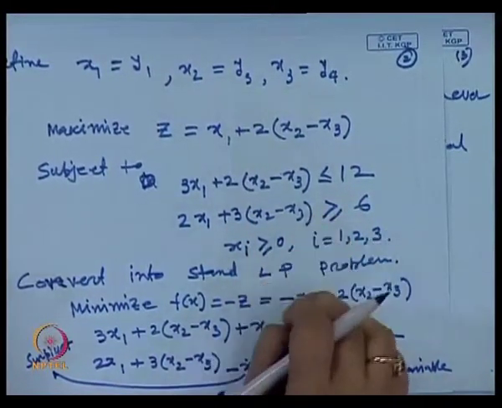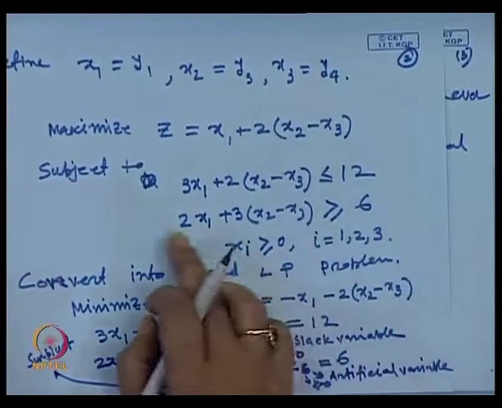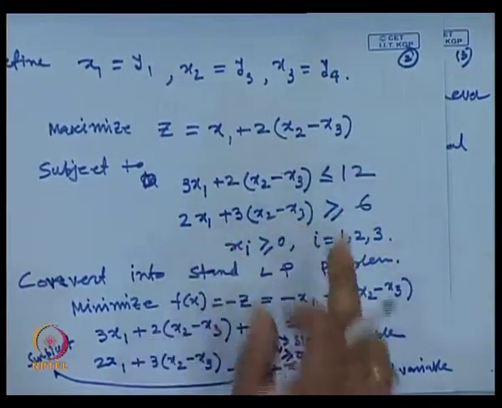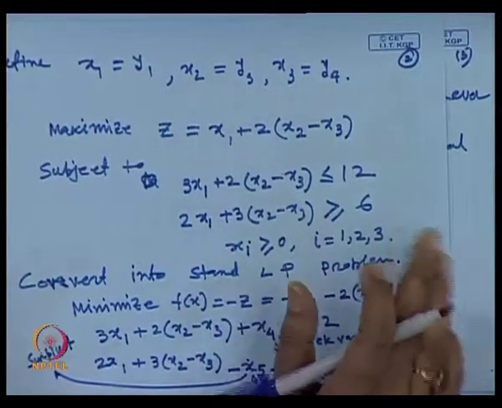So, how many artificial variables will be there? 2 artificial variables, one in each equation. These 2 artificial variables you add together and treat as an objective function in addition to the original objective function. So, we have to minimize 2 objective functions. First you minimize the artificial objective function. Once we have minimized this one, then in phase 2 you minimize the objective function of the original problem. So, that is the sequence of steps to be followed.